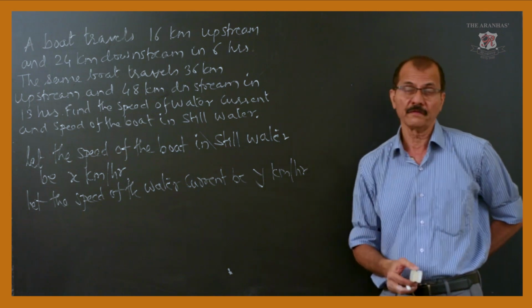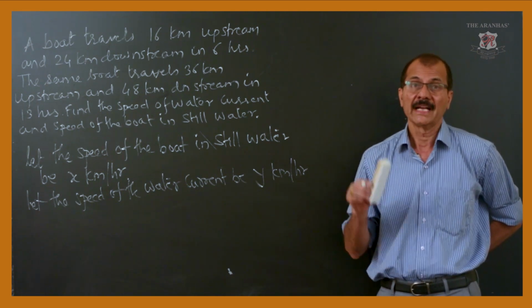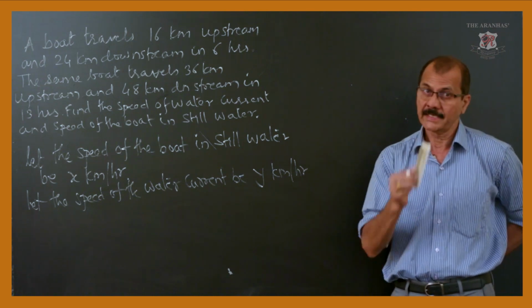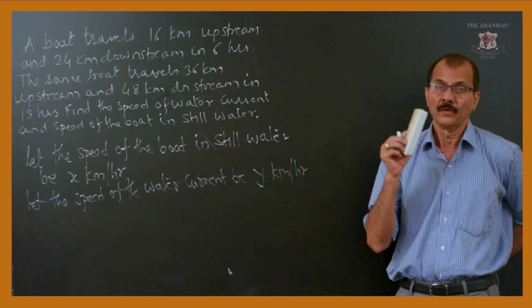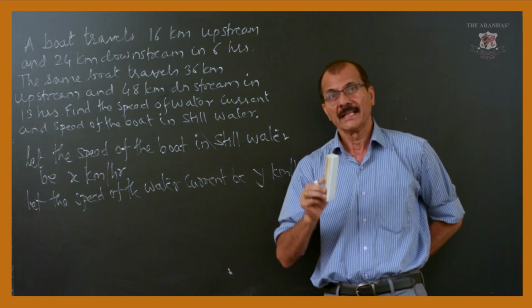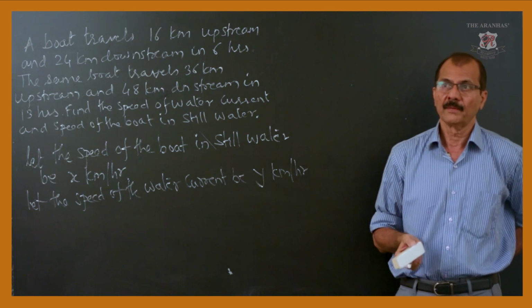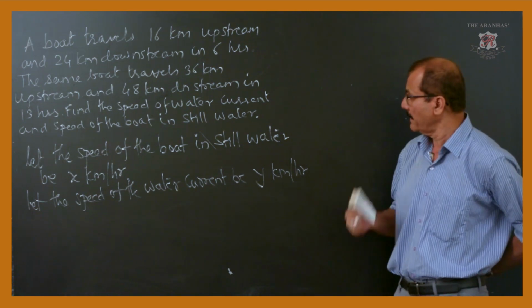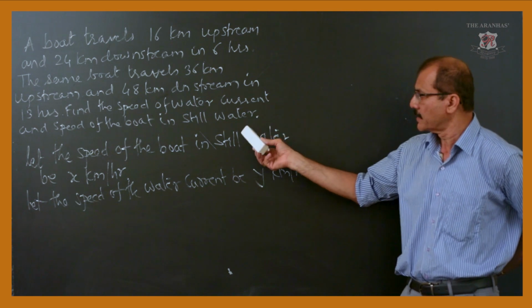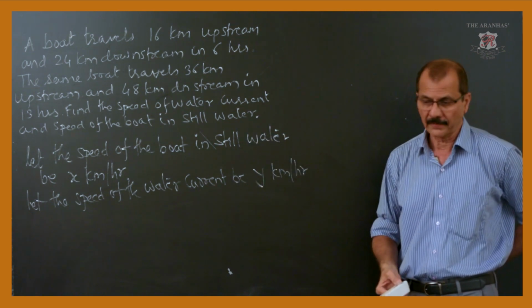Now, we are going to find out the speed of the boat downstream. As I told you, when the boat is moving downstream, the resultant or the net speed of the boat will be the summation of the speed of the boat and the speed of the water current.